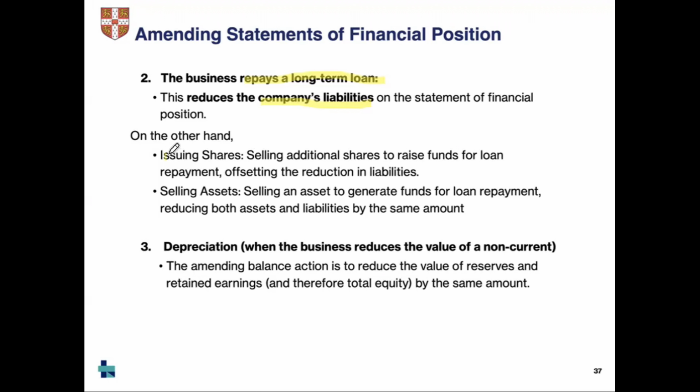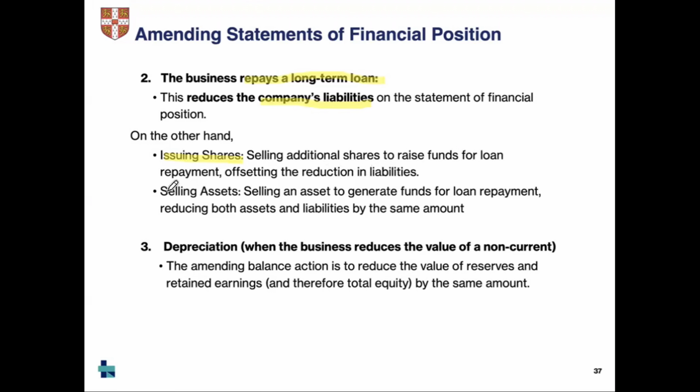Did it issue shares to the shareholders to raise the additional funds to pay off the loan? If that is the case, then it means that our equity is also going to increase. So reducing the company's liability because we repaid a long-term loan would have an effect of issuing shares, increasing our equity. Selling additional shares to raise funds for loan repayment offsets the reduction in liability. So our equity is increasing here.